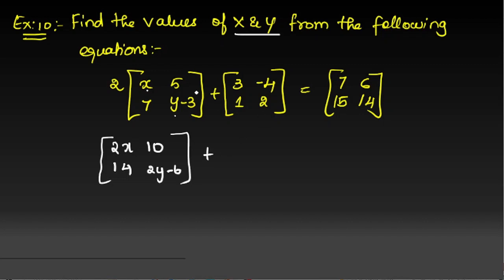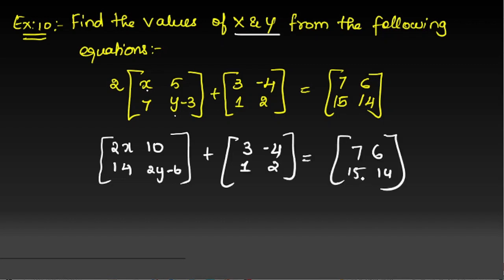So now if you look here, first we have done the scalar multiplication of matrix. So next step I'm going to write everything as it is. 1 2, 7 6 15 14, right? Now the next step is to do the addition of matrices. So if you just see here, first matrix and second matrix you're supposed to add in the left hand side.